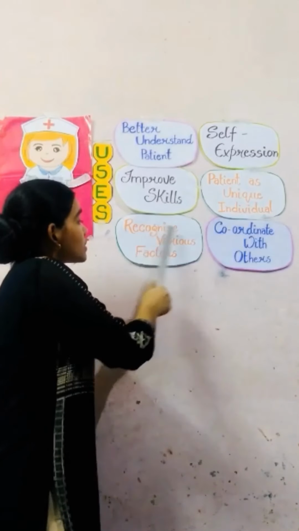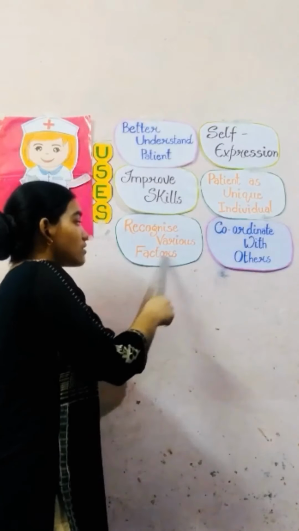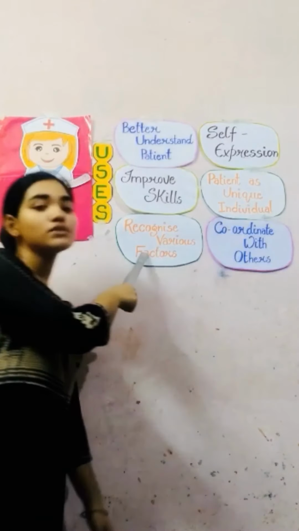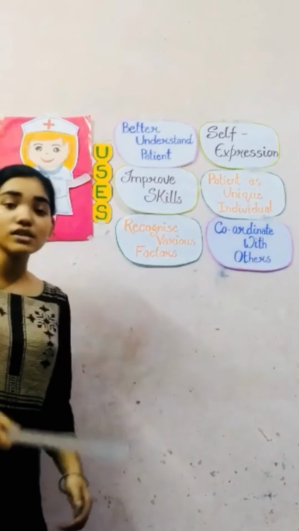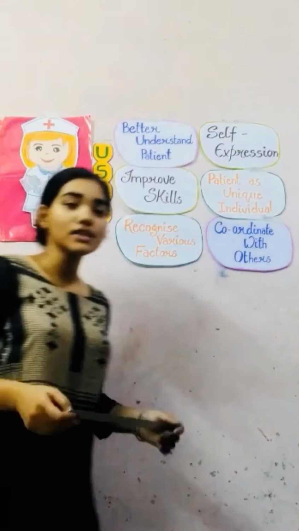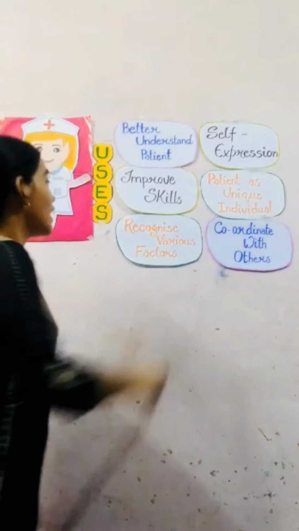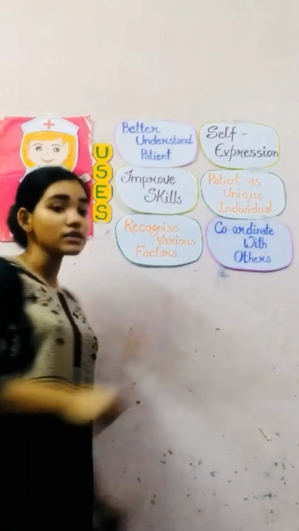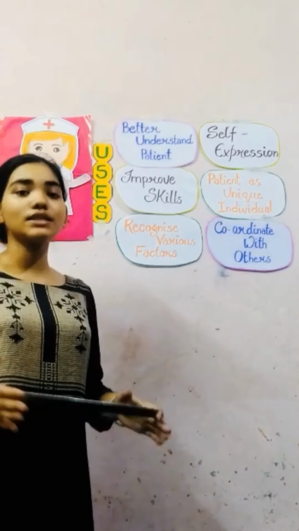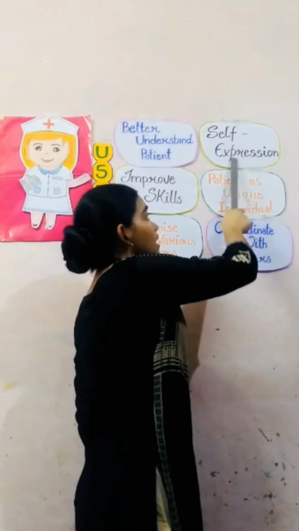Then recognize various factors or causes. It helps the student nurses to recognize the various factors or causes responsible for causing the illness in the patient. Then fourth is self-expression.